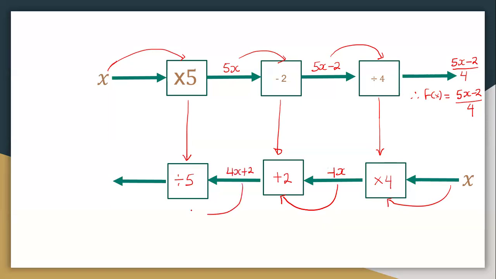When we enter the 4x plus 2 here, what's going to be our output? 4x plus 2 divided by 5. And members, this is going to be our inverse, f inverse of x. Very good. Hope that is very fine to everyone, members.